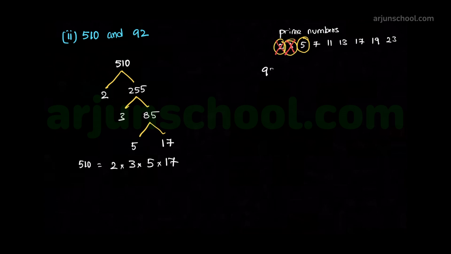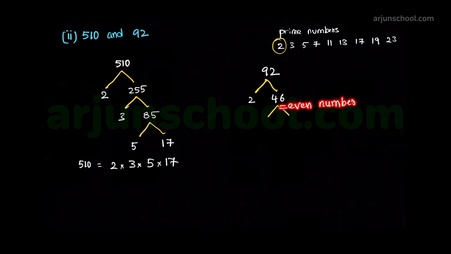Now let us do the prime factorization of 92. Check divisibility by 2. Since 92 ends with an even number, it is divisible by 2. Divide 92 by 2. 92 divided by 2 is equal to 46. Now we have 46. Check the divisibility by 2. 6 is an even number.